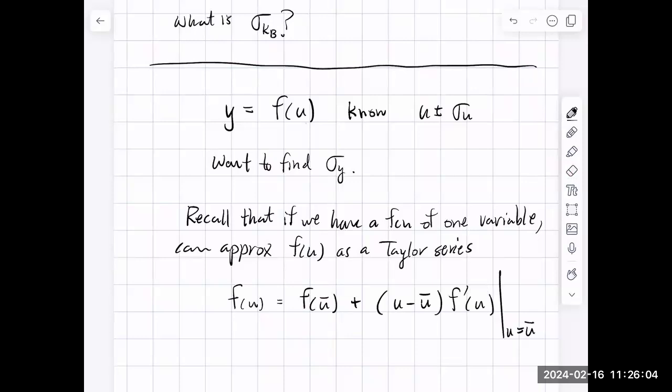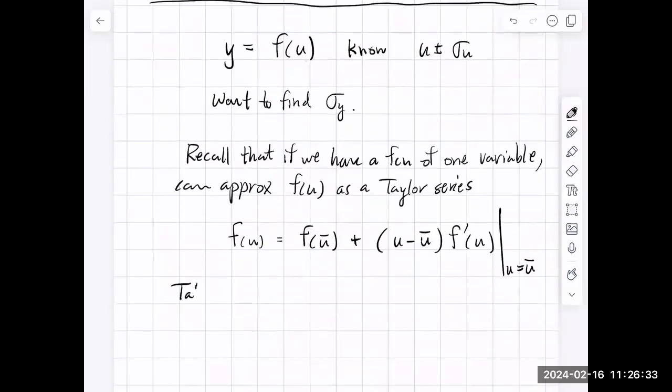So often people will write their Taylor series expanded about 0. So you would have f at 0 plus u times the derivative of f evaluated at u equals 0. That's a Taylor series expansion about u equals 0. This is a Taylor series expansion about u equal to some u bar that we can arbitrarily pick. Okay.